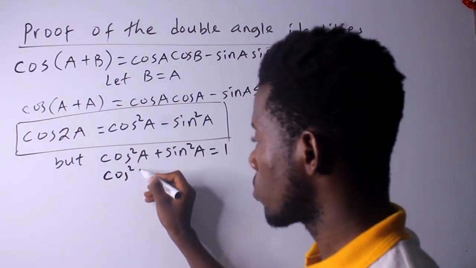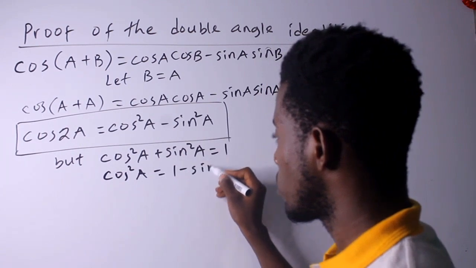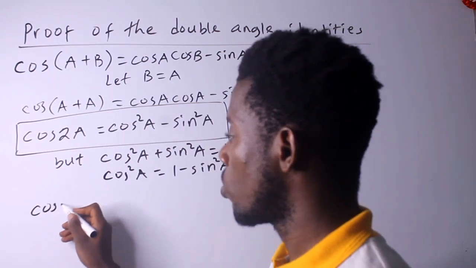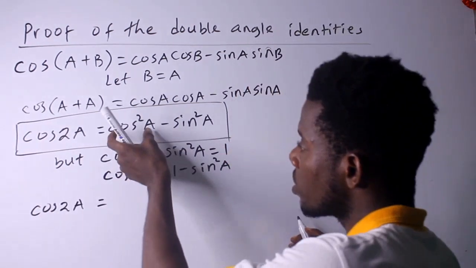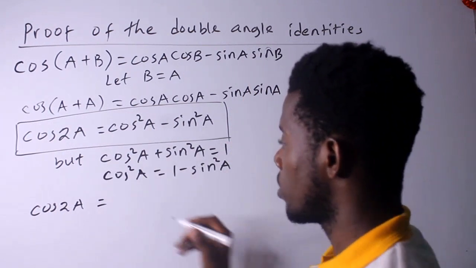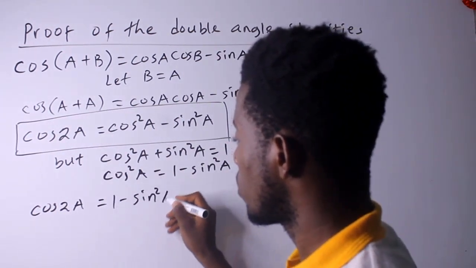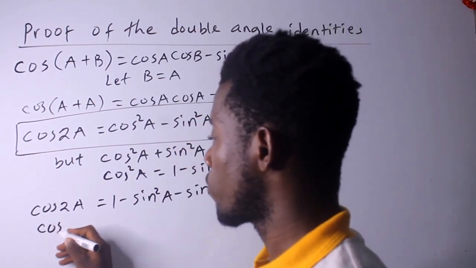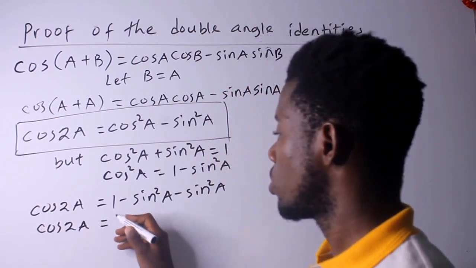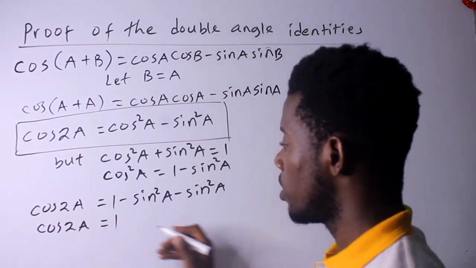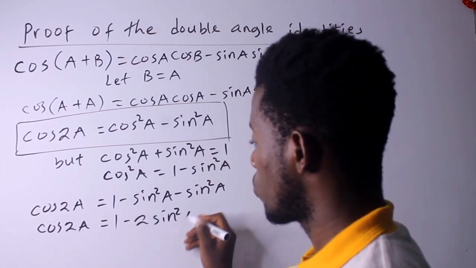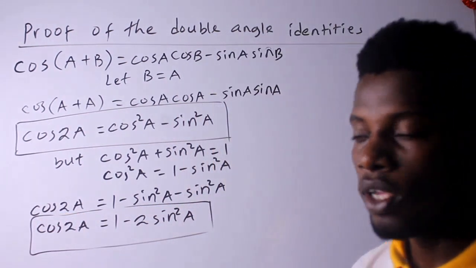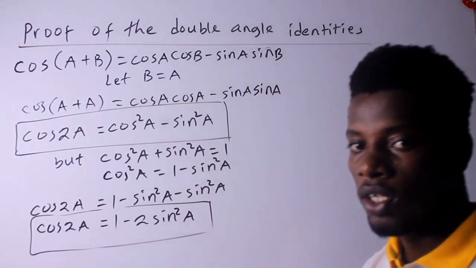So cos squared A is equal to 1 minus sin squared A. If I take this identity and place it in here, cos 2A is equal to 1 minus sin squared A, minus sin squared A. If I simplify, cos 2A is equal to 1, minus 2 sin squared A. So this is another identity for cos 2A. Cos 2A is also equal to 1 minus 2 sin squared A.